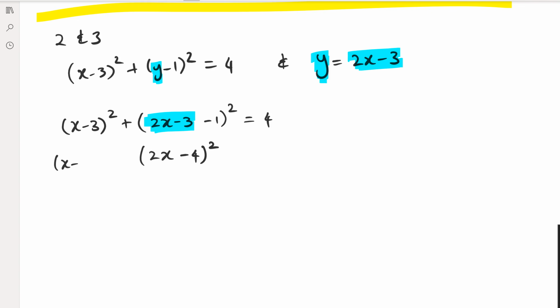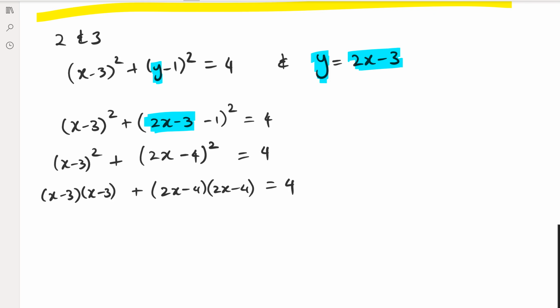And then here I've got x minus 3 squared plus that equals 4. So all I've done is get rid of that y and replace it with an x. At this point, I've got a bunch of quadratics again and I've got to expand them. So I've got x minus 3 times x minus 3 plus 2x minus 4 times 2x minus 4. All of that equals 4.